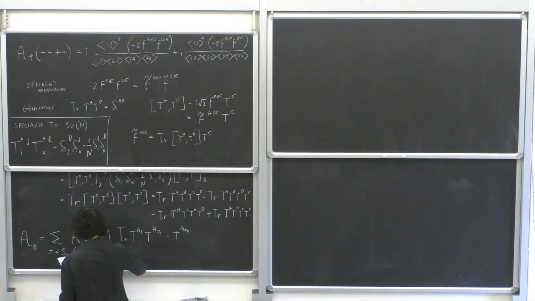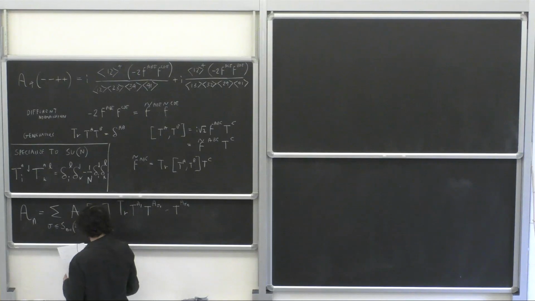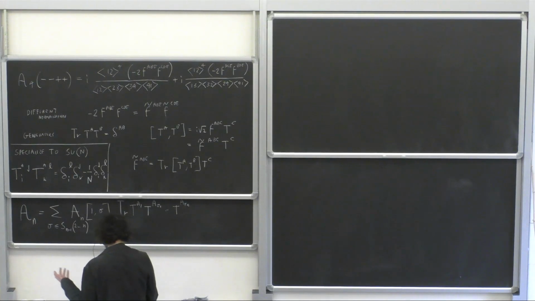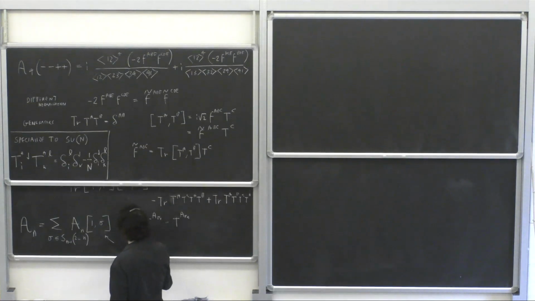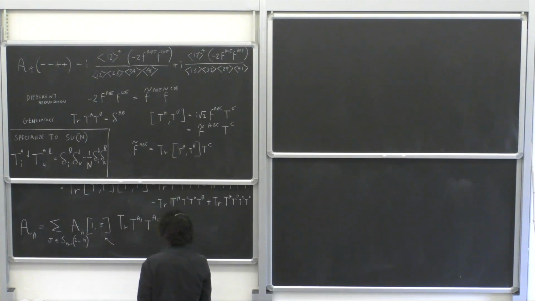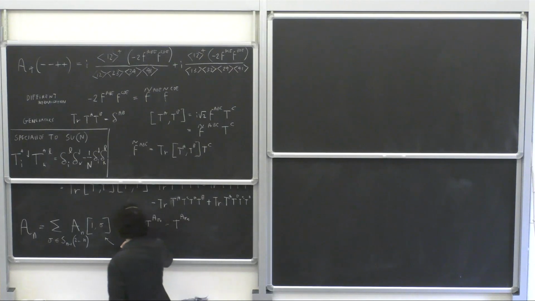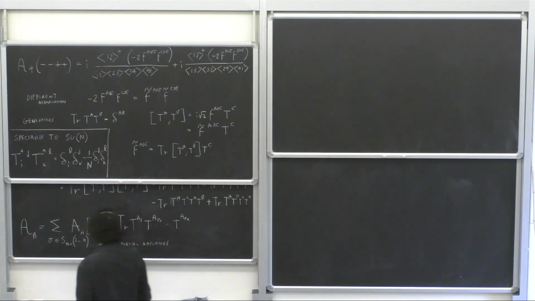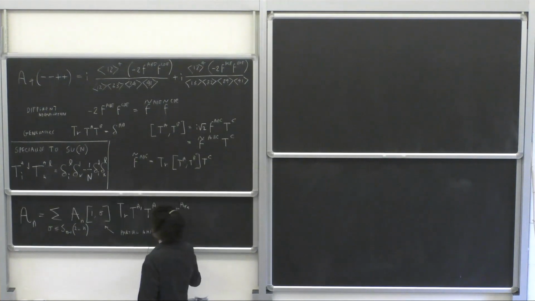Okay, so I call these objects, which are, I guess, an important object in writing an amplitude in a way that the color information all goes into the trace. These are called partial amplitudes. And I will try to be notationally clear on the difference.